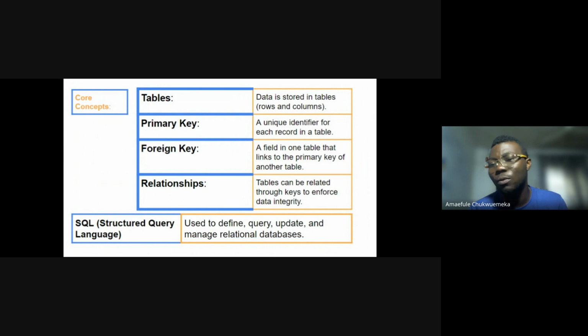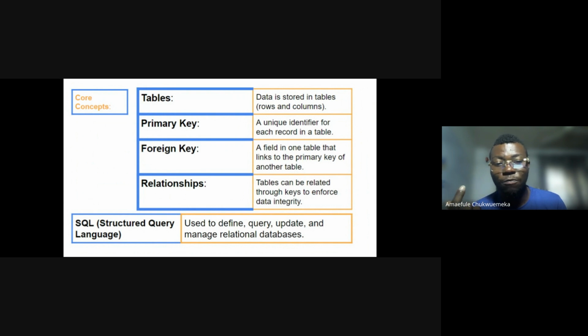Foreign keys. So foreign keys are the key of a table, or better still, foreign keys are primary keys in another table. Okay, so the way we have two tables, customers and products. Customers have their own key, products have their own key.